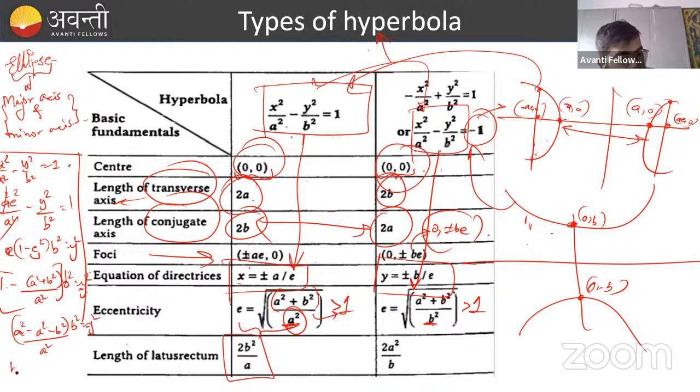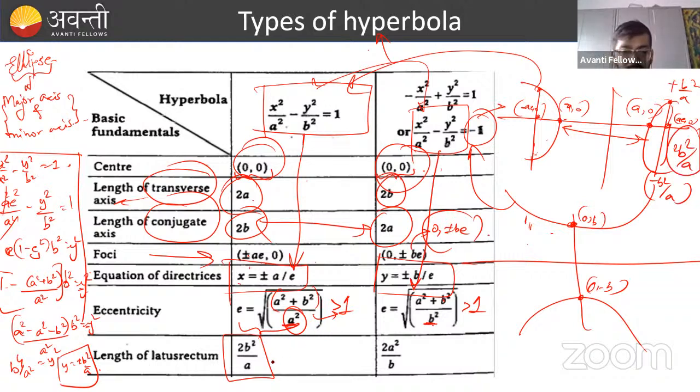Now this becomes b power 4 upon a square equals to y square. So y comes out to be plus minus b square by a. So now we know the y coordinates: plus b square by a and minus b square by a. So this length is 2 times b square by a. Hence the length of the latus rectum is 2 times b square by a.